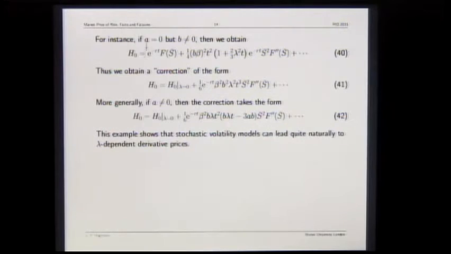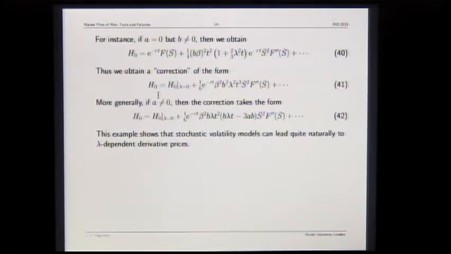But on the other hand, suppose that A is 0 but B is non-zero, and you do the calculation, then you find that the option price is given by the discounted value of the forward price plus this term 1/4 constant B times beta squared T squared, and the key point is that the market price of risk enters. So we can rearrange that slightly and express this as a kind of correction term.